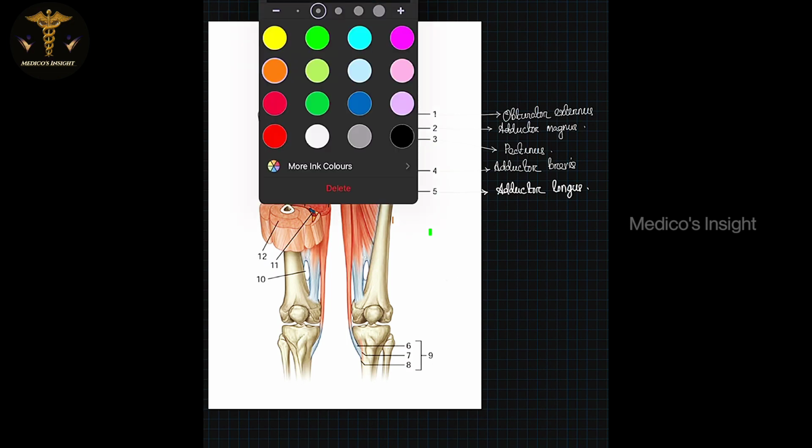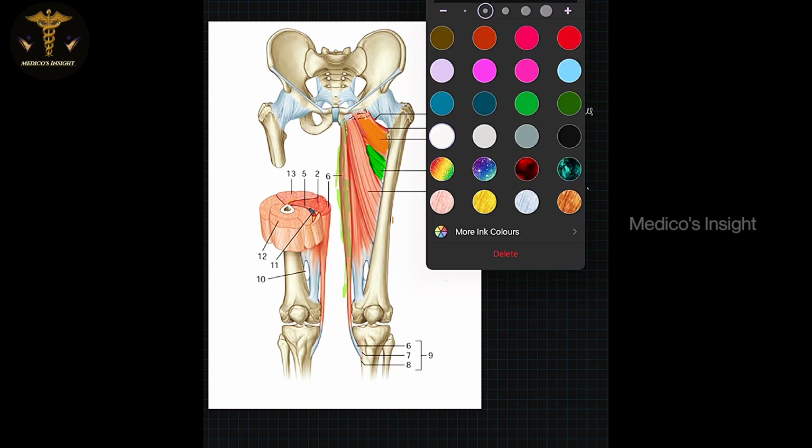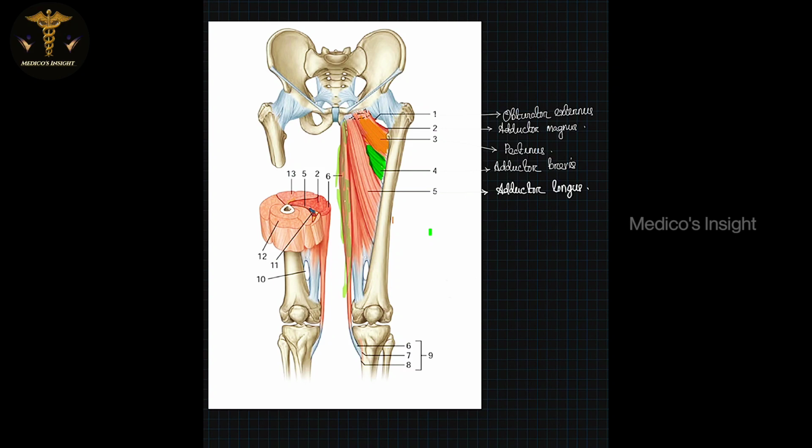As I highlight it, this muscle is known as gracilis, which is attached to the medial surface of the upper aspect of the tibia, beside the sartorius muscle, as I previously said.